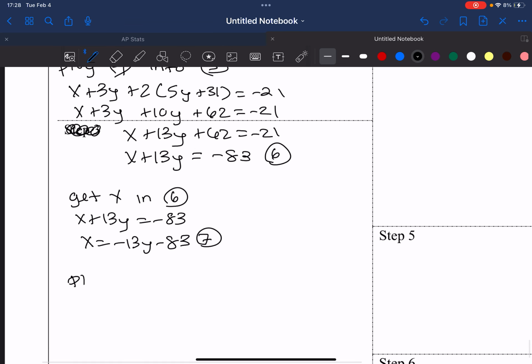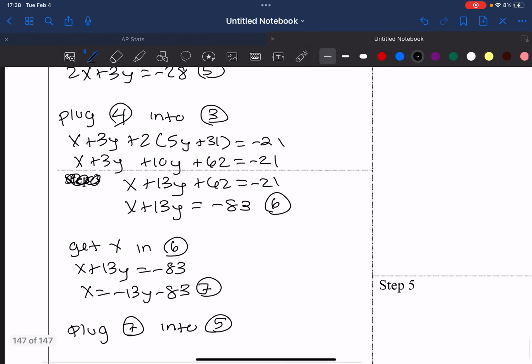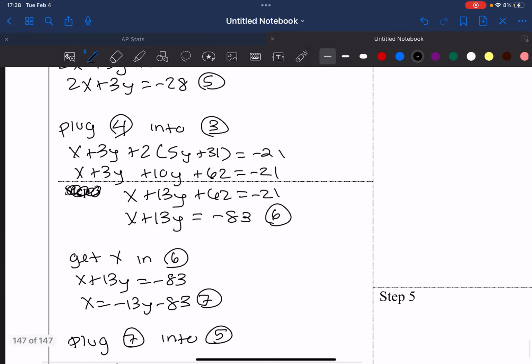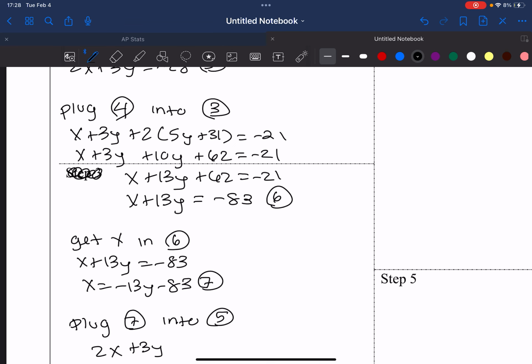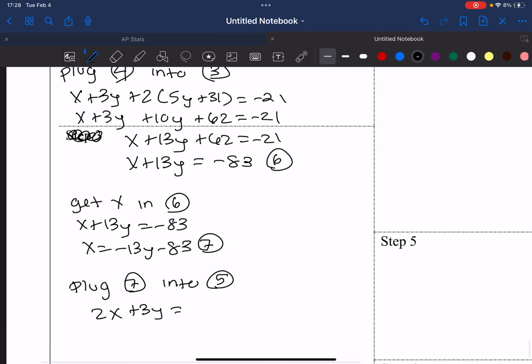I'm then going to plug 7 into 5. Equation 5 was 2x plus 3y is equal to negative 28. So I have 2 times negative 13y minus 83 plus 3y is equal to negative 28.